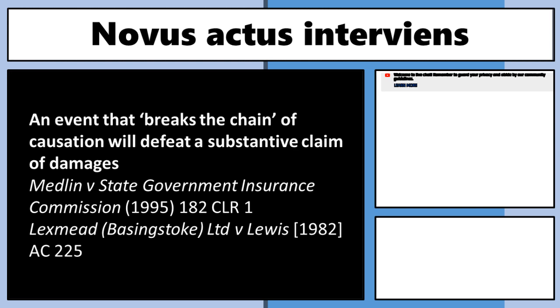Sorry? Well, when you talk about when you break the chain of causation, yes. The question for the recording is, can you get damages up to the point where the chain is broken?